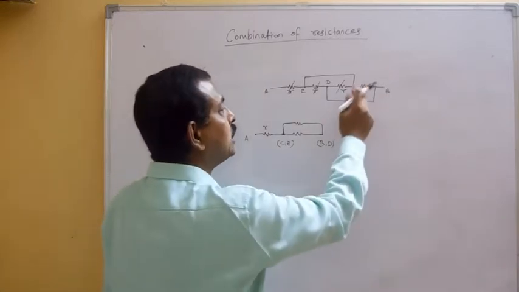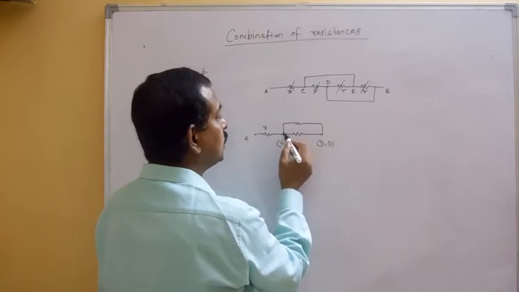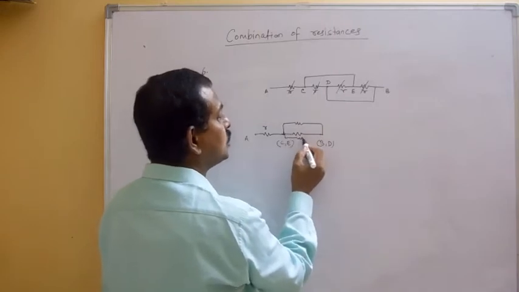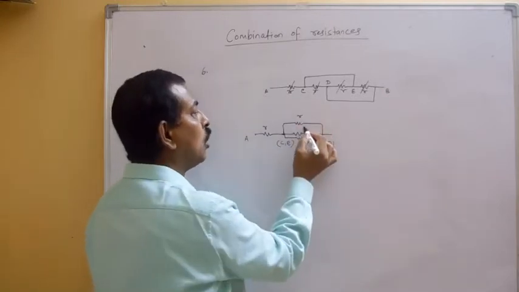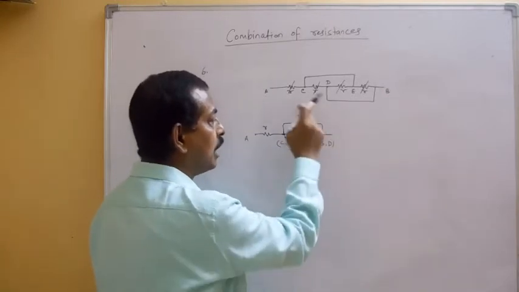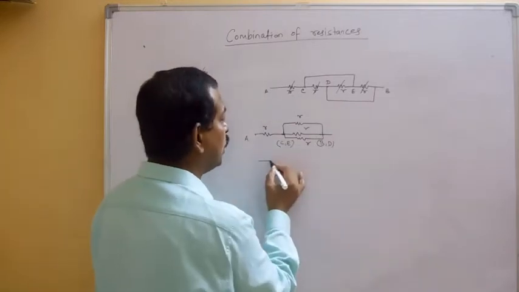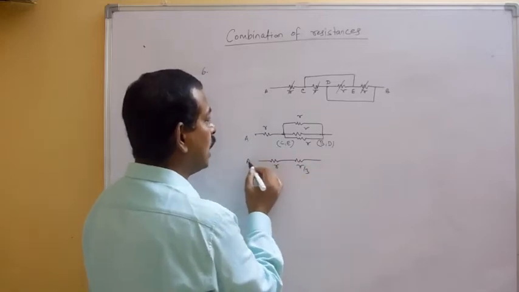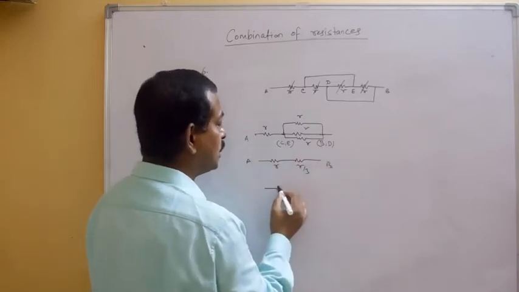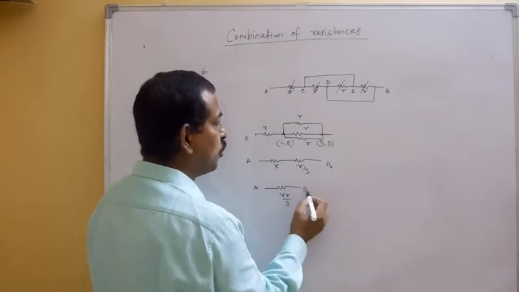Between B and E, you have one resistance. So E is here, B is here. So you will have one resistance, so like this. So all these three are connected in parallel. So their equivalent will be given as your R by 3. This is your R. So equivalent resistance will be your 4R by 3 between the points A and B.